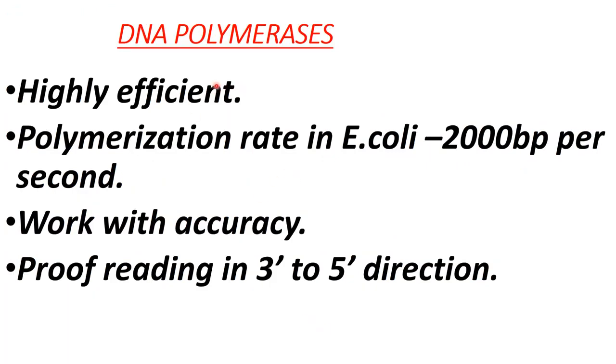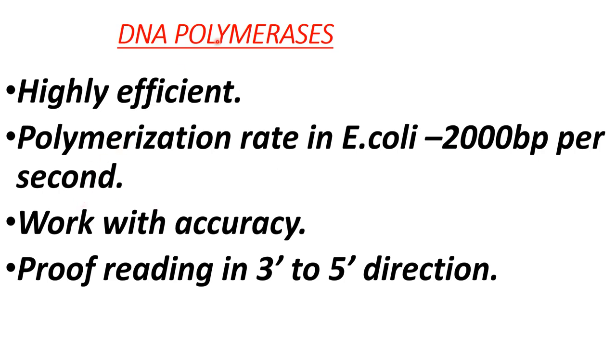Now, some other things about the enzyme DNA polymerase. This DNA polymerase enzyme is very highly efficient, because it polymerizes the new strand of DNA at a high rate. The polymerization rate of DNA polymerase in E. coli is 2000 base pairs per second.